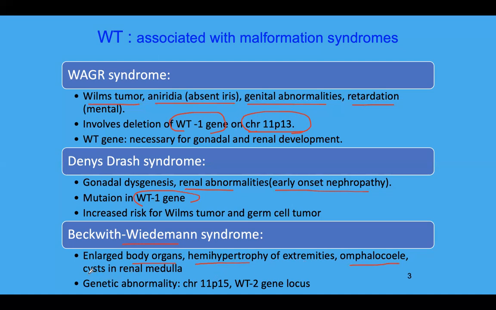It is also fairly common to get cysts in the renal medulla, and the patient is predisposed to develop Wilms tumor. The genetic abnormality you need to remember here is WT2, which is located on 11p15. So 11p13 corresponds to the WT1 gene location, and 11p15 corresponds to the WT2 gene location. So you need to remember those specific things.